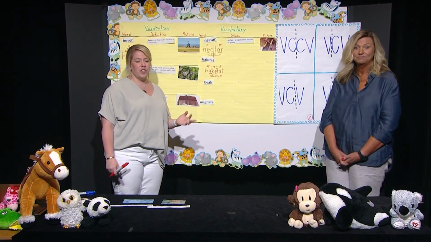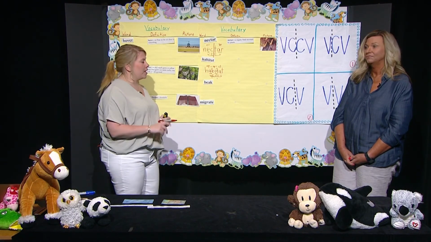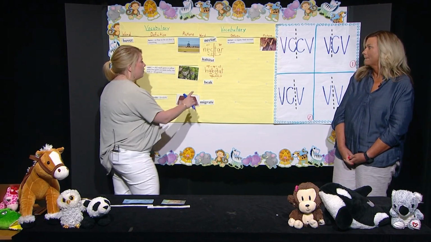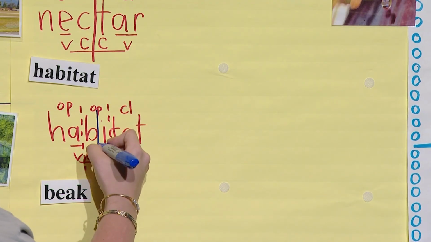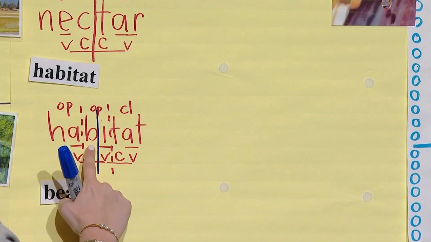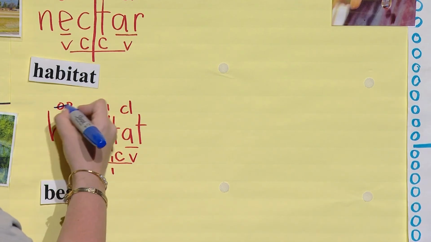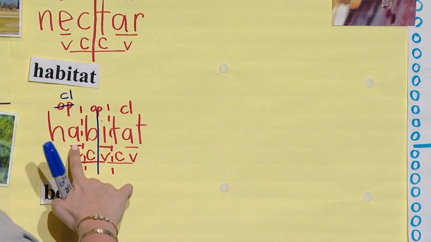Let's try moving our division lines and see if we can get a better pronunciation. So I'm going to move this division line after my consonant. So now our first syllable ends in a consonant, so instead of open, it will be closed. And when we read this word, this will make a short sound.